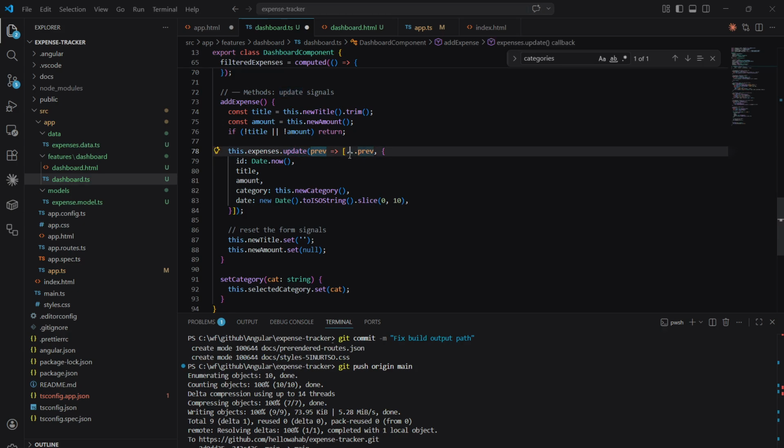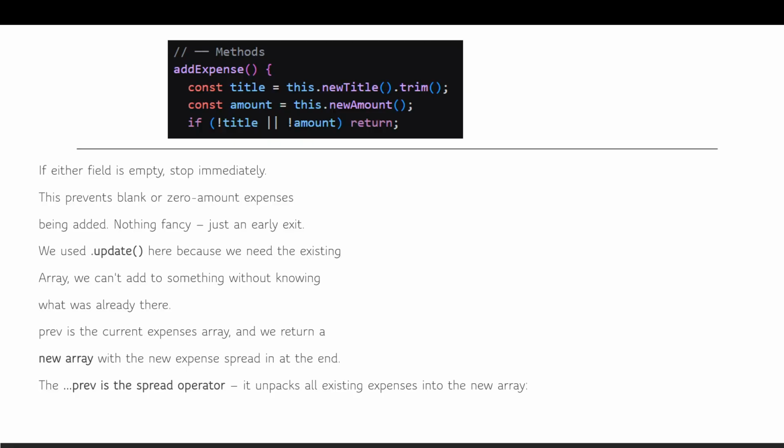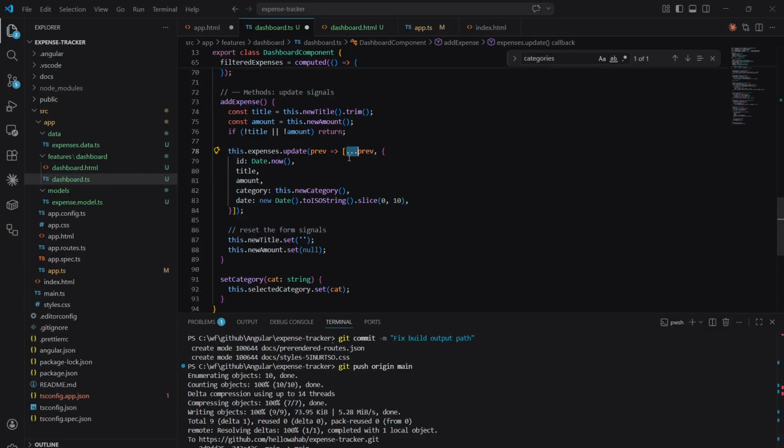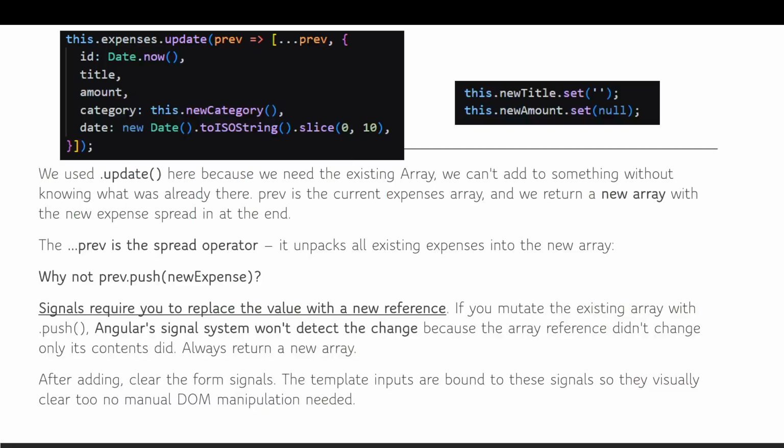You can see a spread operator is being used over here with the three dots. An array cannot add something without knowing. So the spread operator unpacks all existing expenses into the new array. The reason we use the spread operator is that it returns a whole new array, and this is how signals work. A signal requires you to replace the value with a new reference.